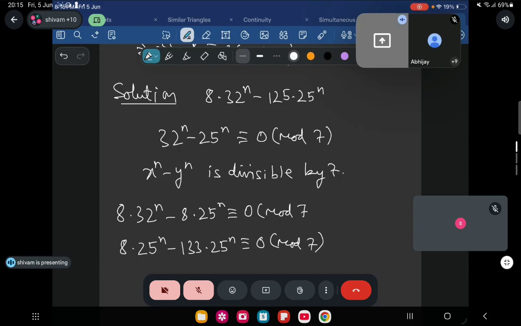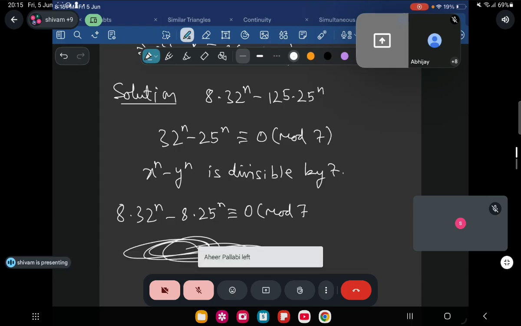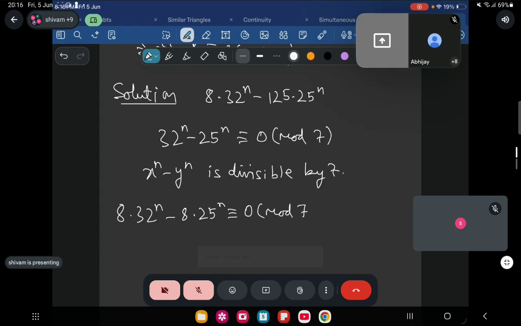So I need minus 125 into 25 to the power n. When you subtract, what is 8 minus 133? That is minus 125. No, but that is not divisible by 7. Okay, so this statement is wrong. I need to do some modifications.